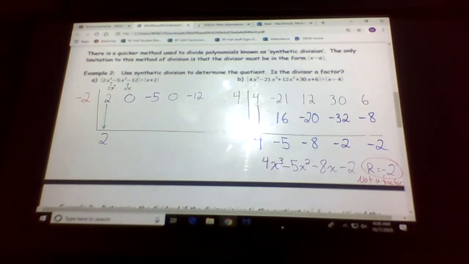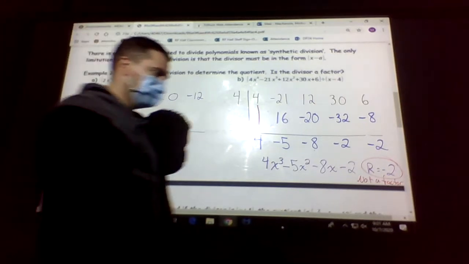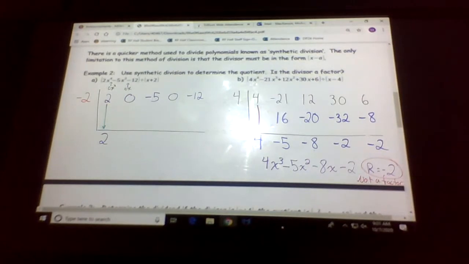Comes to 0? Yes. 2, negative 4, 3, negative 6, 0.